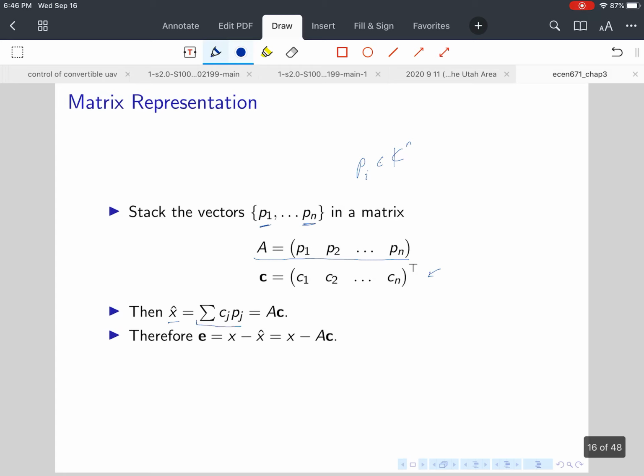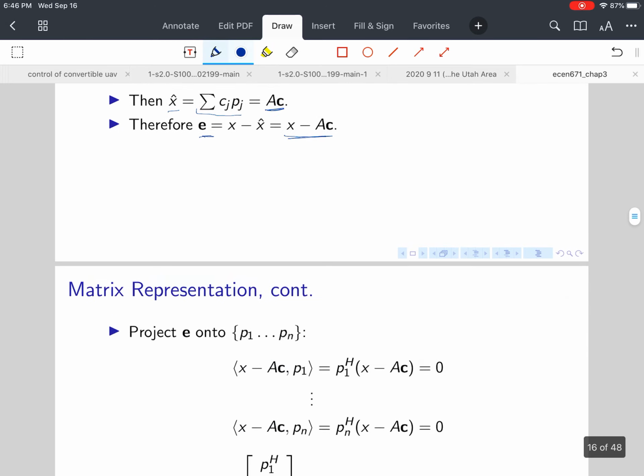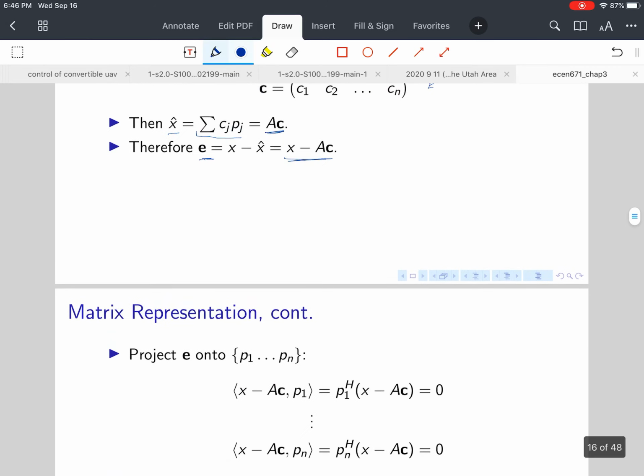So now we can write x hat as the sum of Cj Pj, and in fact we can write it as a matrix A times our coefficient vector C. So the error now is going to be x minus AC.